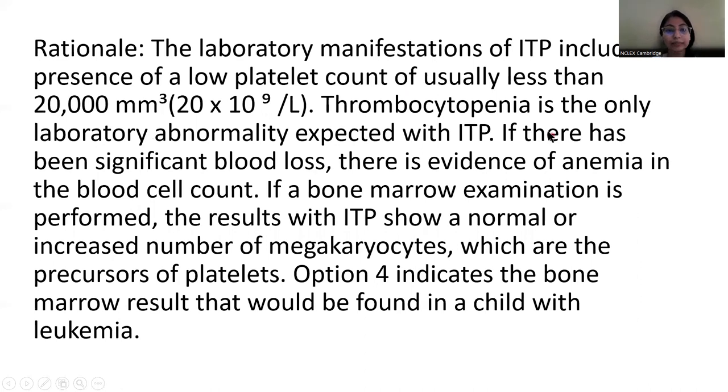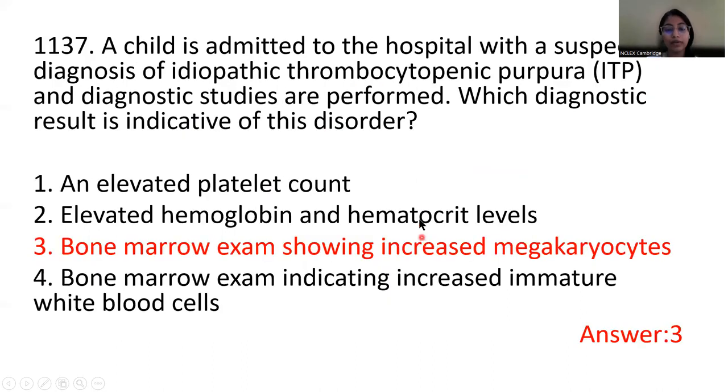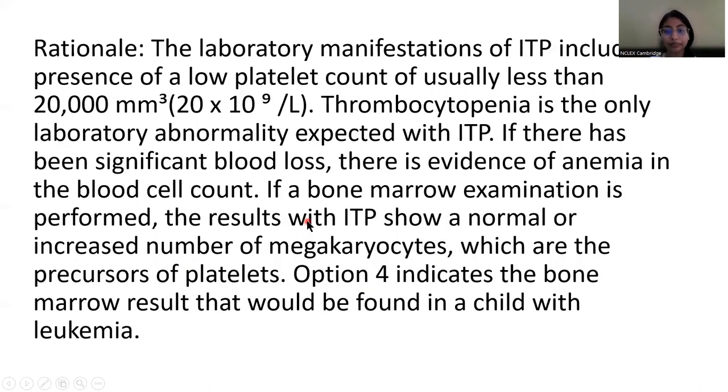Now let's see the rationale. The laboratory manifestations of ITP include the presence of a low platelet count, usually less than 20,000 per cubic millimeter. Thrombocytopenia is the only laboratory abnormality expected with ITP. So it will not be related to hemoglobin, not related to bone marrow. Okay, so it will be related only to platelet count.